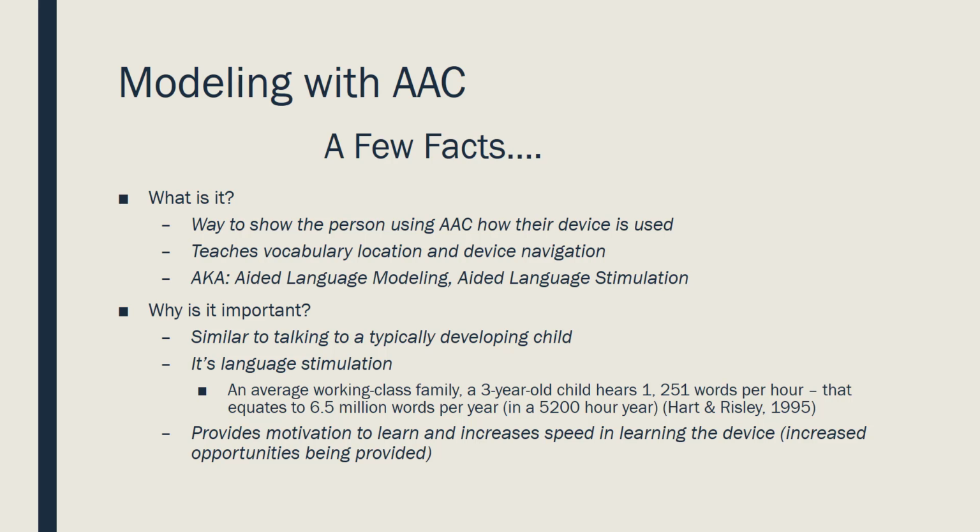What do you think a child who needs an AAC system hears from an AAC device? Minimal to none. When a child uses AAC, it is vital to model AAC use because it provides the stimulation of language to increase communication.